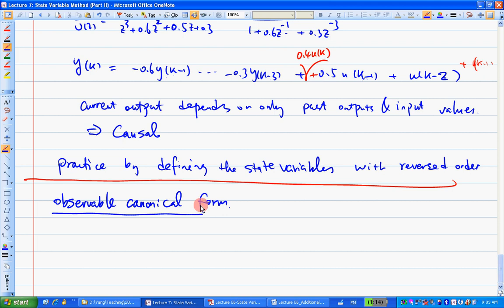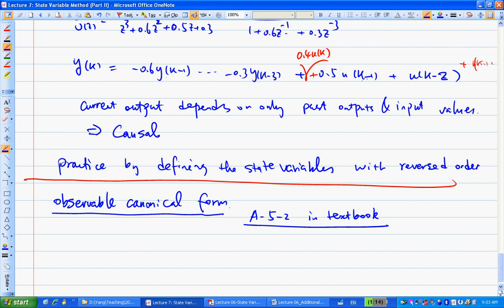I'm going to skip some steps of how this is derived, but I will give you some information to look at in the text. It's just going to take a lot of time to draw everything here. So take a look at A-5-2 in the textbook regarding the derivation of this observable canonical form.